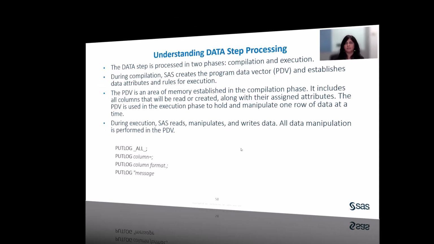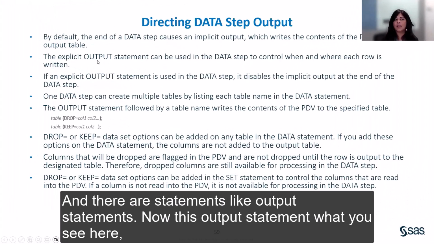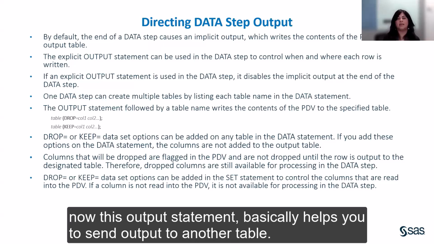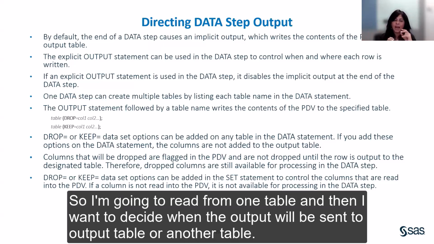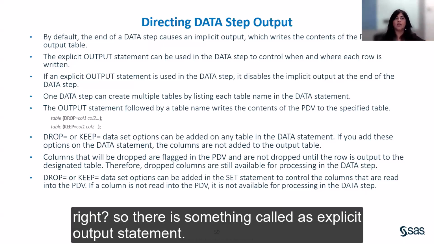We must know that. And there are statements like the output statement. This output statement basically helps you send output to another table. So I'm going to read from one table, and then I want to decide when the output will be sent to the output table or another table. So there is something called an explicit output statement.